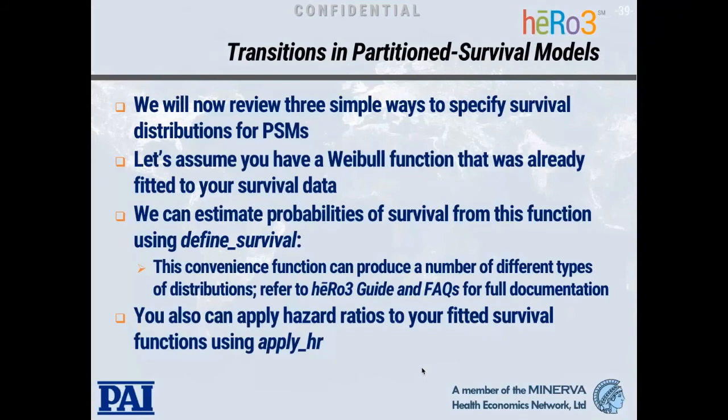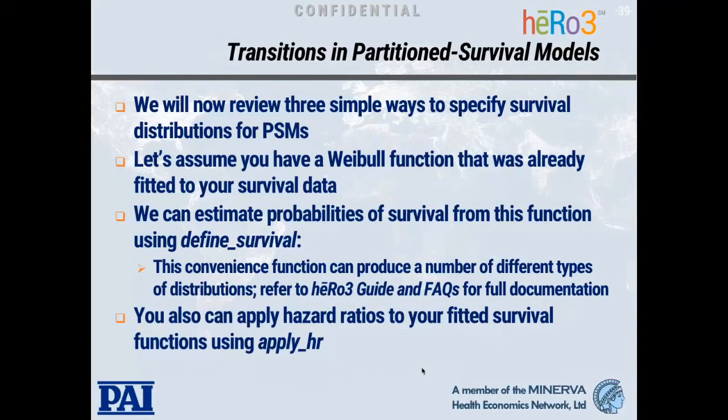I would just note here that we've used Weibull a lot in the examples today. We have support for a really wide number of distributions. Just to name a few, we've got exponential, of course, Weibull, log logistic, log normal, Gompertz, generalized gamma, generalized F, various types of restricted cubic spline models, as well as mixture and non-mixture parametric cure models.